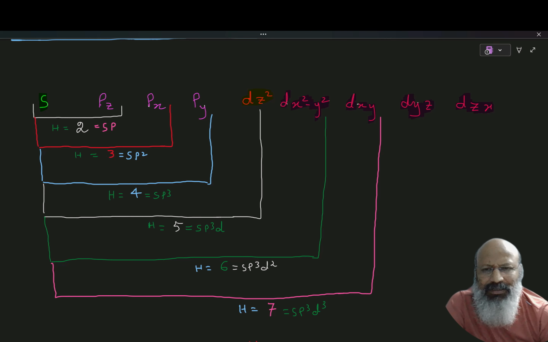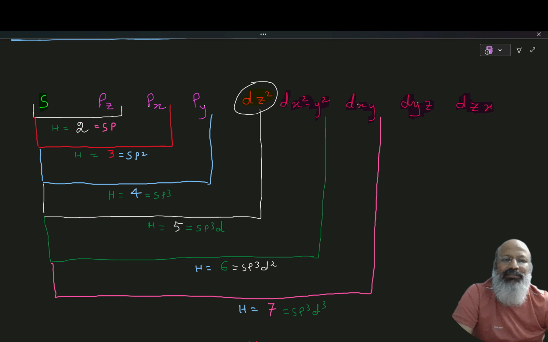Of course, this is just a reference point. You can consider it taking place on the y-axis also. There is no harm. But when you come to hybridization 5, that is sp3d, the d orbital you are taking should be dz square.